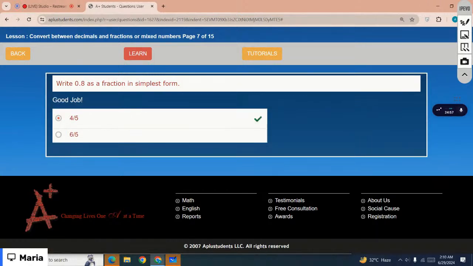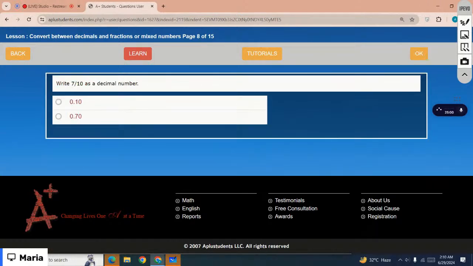Option number 1 is the correct option. Got it? Right, 7 over 10 as a decimal number. So which is the correct option? That is 0.7. Option number 2 is the correct option. Got it?